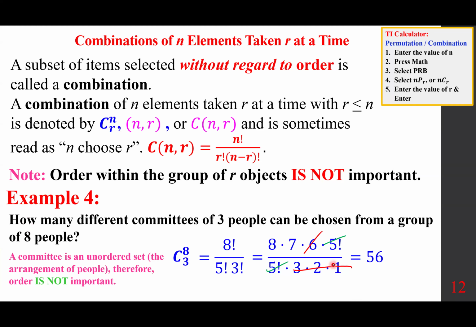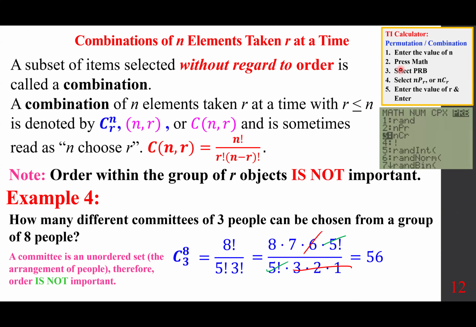If you do it by hand, you can do it in no time. In this case, again, you go with math, PRB, and then NCR. You've already put the number 8. Now you pick 3, 8 NCR 3, and it gives you the number 56. I hope everybody is comfortable with that. It's very straightforward, everybody.